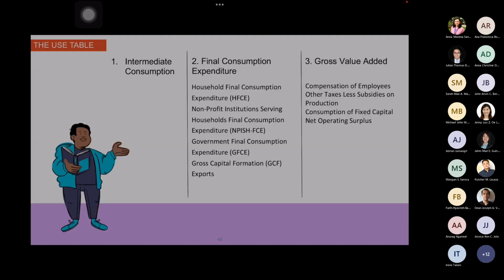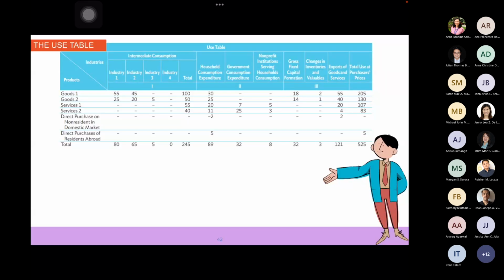Okay. So next, we'll discuss the various components of the use table. So again, here we have intermediate consumption, the final consumption expenditure, as well as the gross value added. So here we have an example of the use table where we have the industries and products.